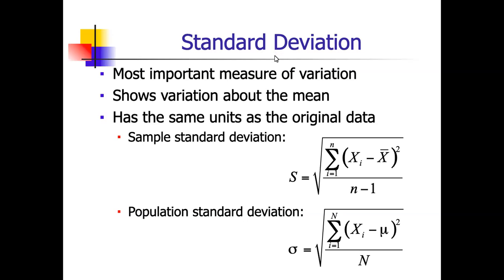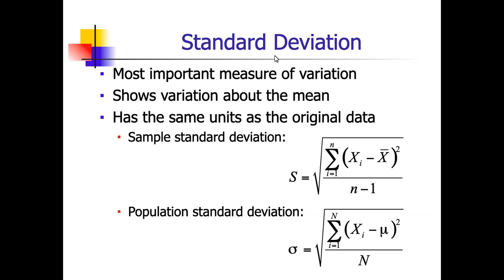Relating to the concept of the variance, as we have emphasized, the variance refers to squared distances or squared deviations from the mean. Manipulating it further, we arrive at the standard deviation, which is actually the most important measure of variation.